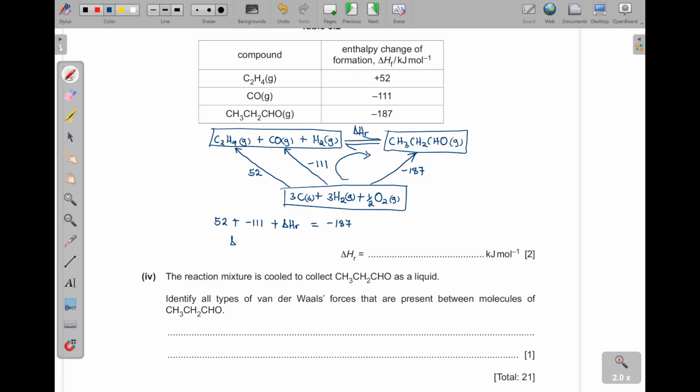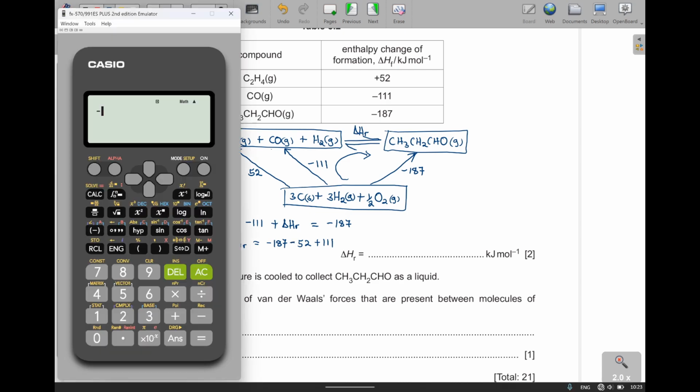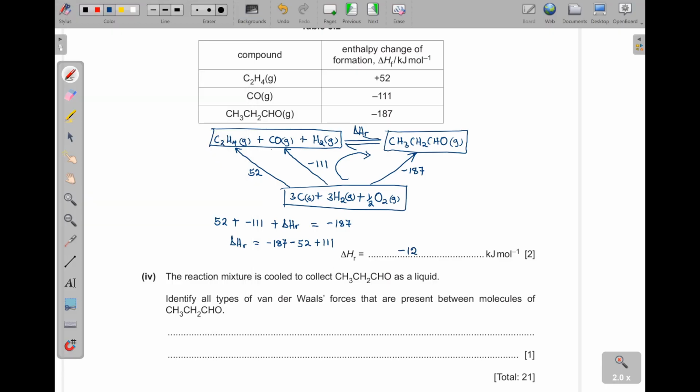So ΔHr is going to be equal to negative 187. Take this one to the other side, it becomes a minus, so minus 52. Take this one to the other side, it's a minus, so it becomes plus 111. So what do we get altogether? Negative 187 minus 52 plus 111. That is negative 128, so negative 128 kilojoules per mole.